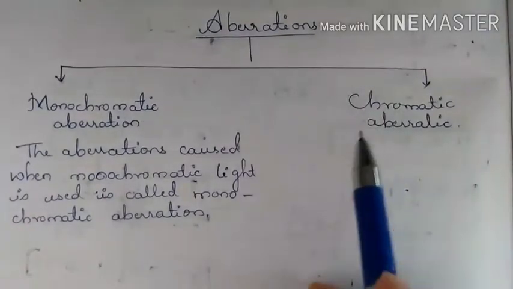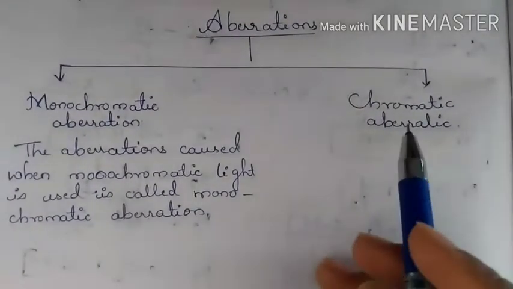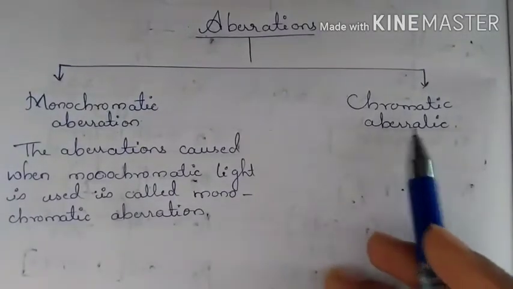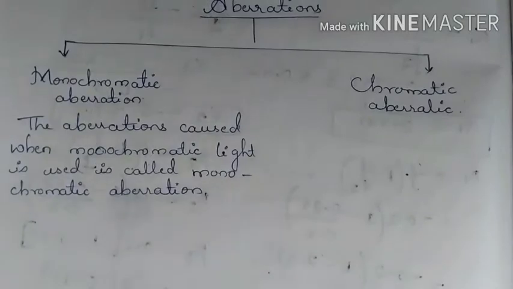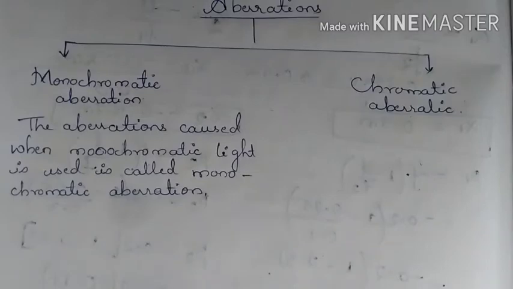Next is chromatic aberration. This is caused when you use light with different colors. White light has many different colors in it, and the mixture of those produces white light.